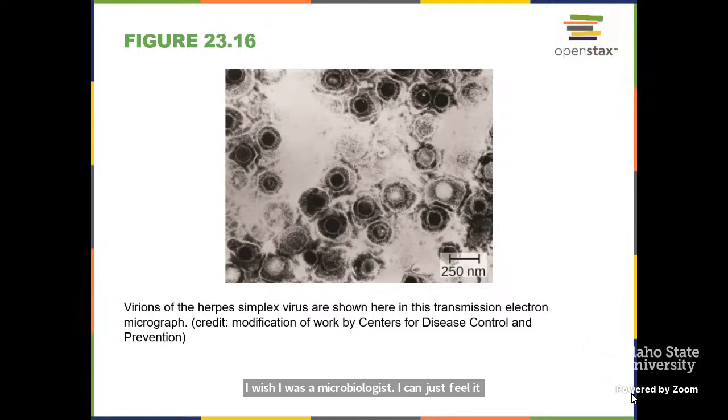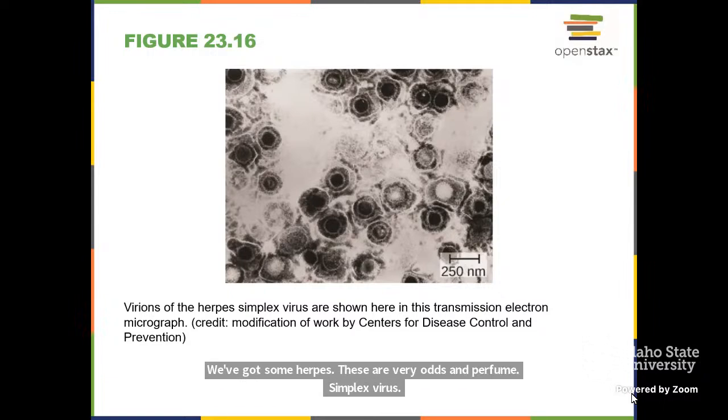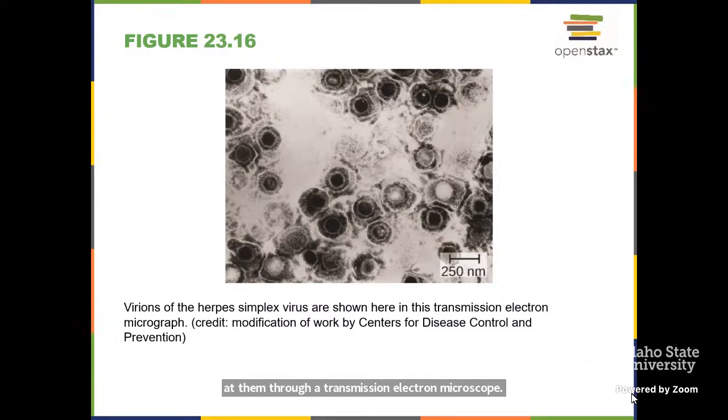Here we've got some herpes. These are virions of herpes simplex virus, looking at them through a transmission electron microscope, numerous virions all scattered about. And there are lots of different types of herpes. We've seen a couple already.